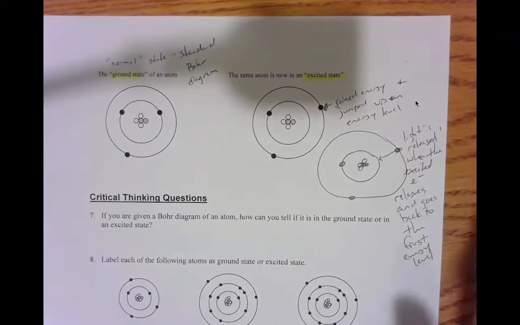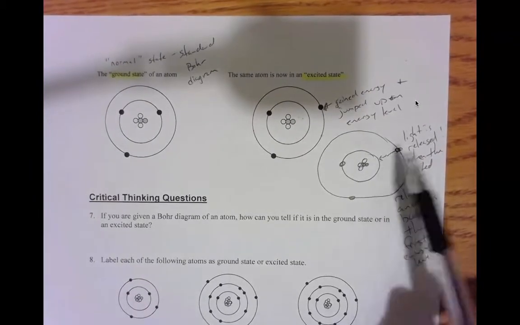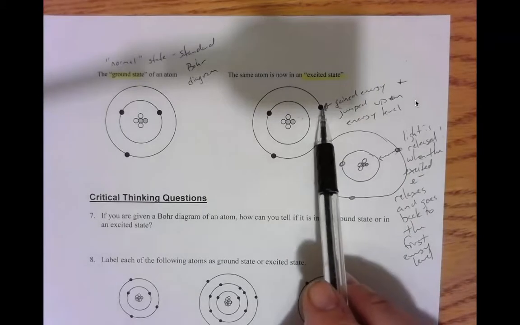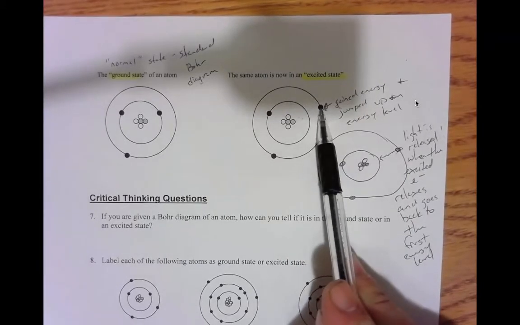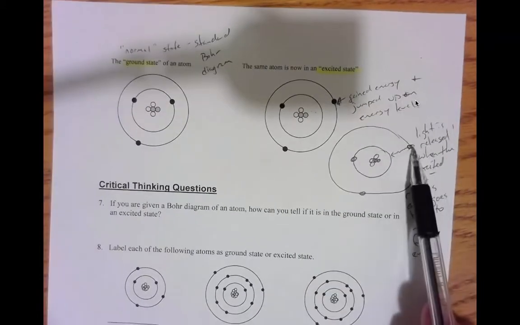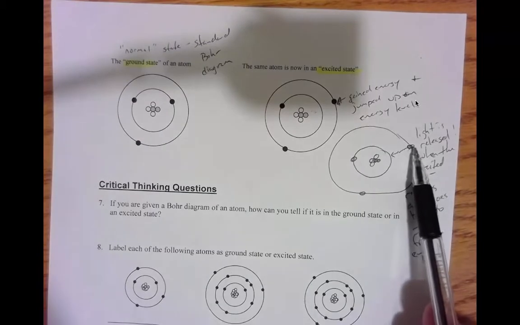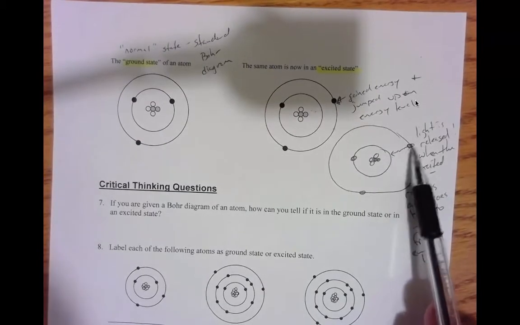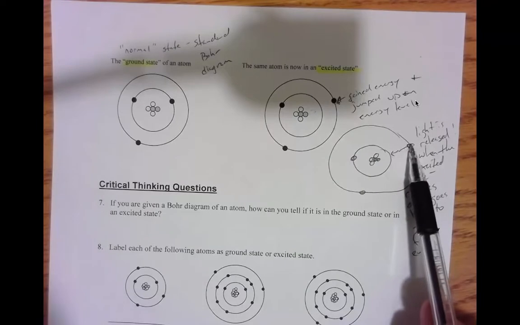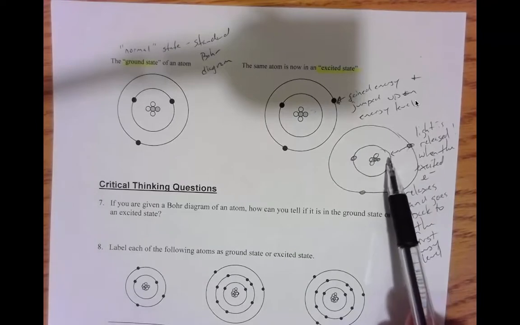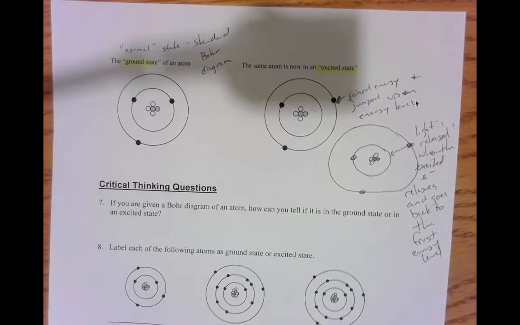So that's really important to know. This is when the light is released. It's not released when the electron is excited. You see the light when the electron relaxes, when it goes back from the excited state to the ground state. That is when you see the light.